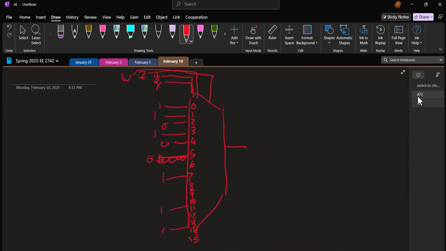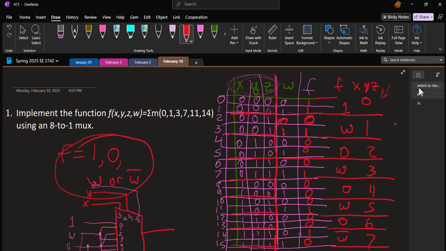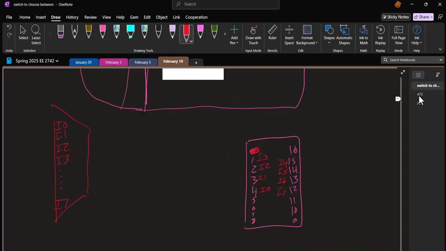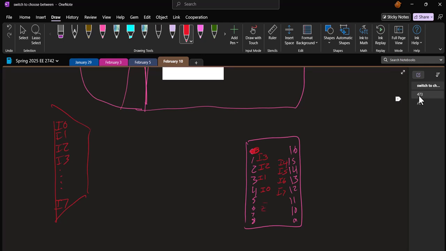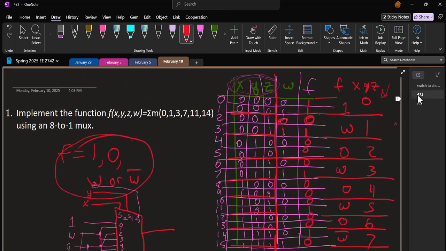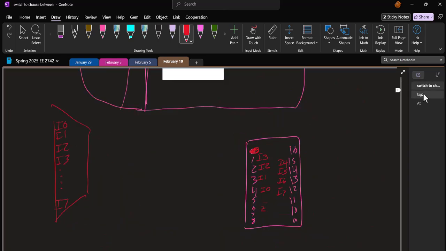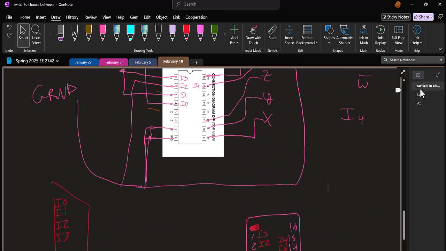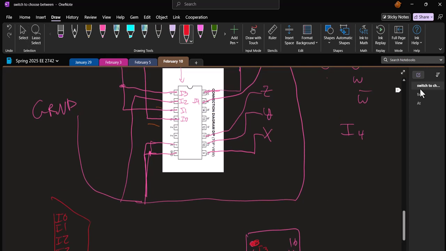Pin 6 right here, I believe that is Z0. Going back to the chart, if we look at our layout, I think that was Z0, right? Yeah. So we're not going to be using that one.